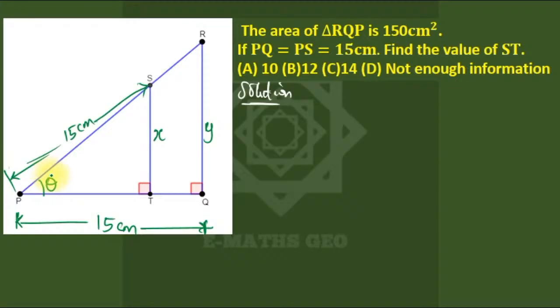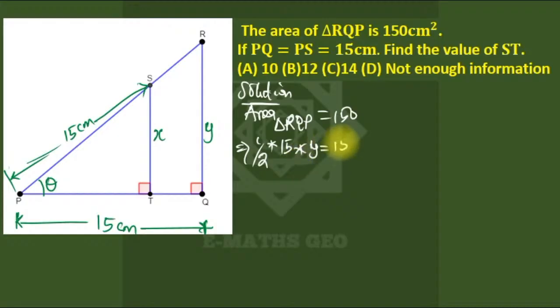Because they gave us the area, so that area of triangle RPQ is 150. Yes, which implies that, this is a right angle triangle, half base times height: half times 15 times y is equal to 150.